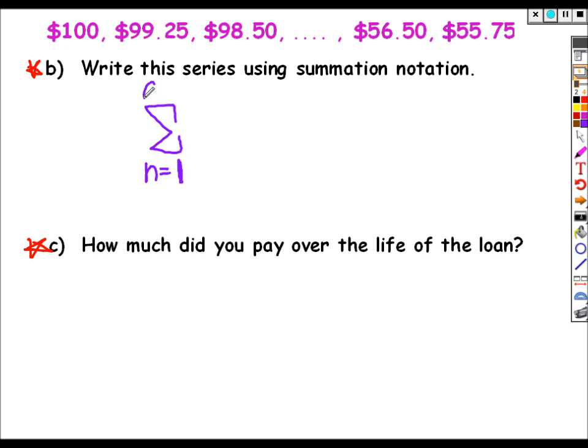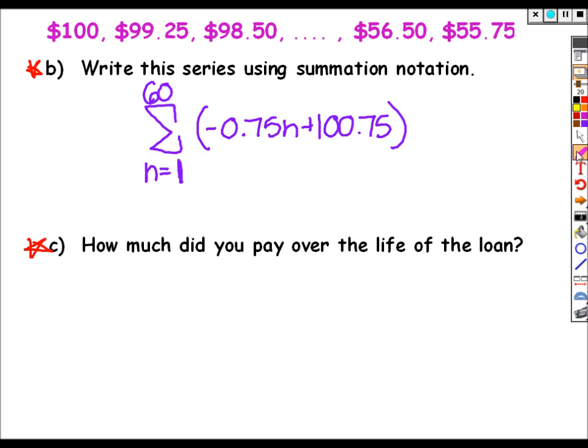I'm finishing at month 60. So what we did on the previous page was pretty important. I needed to know how many terms there were. And then I'm adding together 60 terms for what sequence? That would be negative 0.75n plus 100.75. So insert that explicit formula.